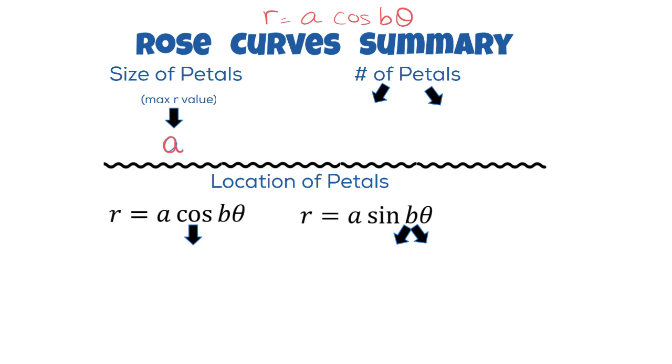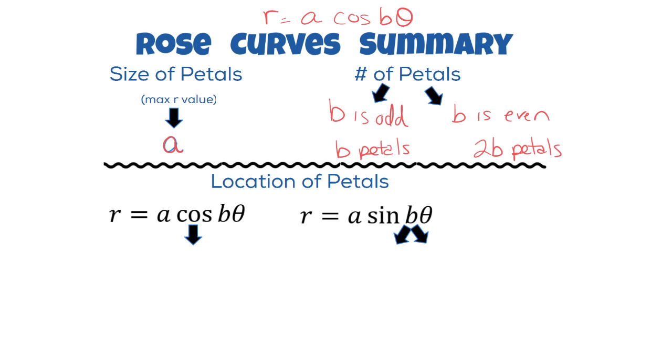Okay, how many petals there are is dictated by the B value. And if B is odd, it's different than if B is even. If B is odd, then there are B petals. If B is even, then there are 2B petals.